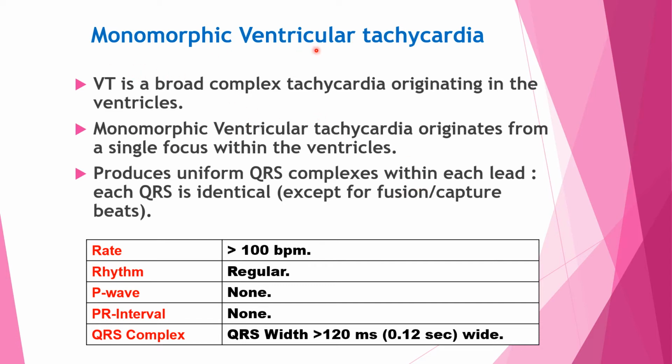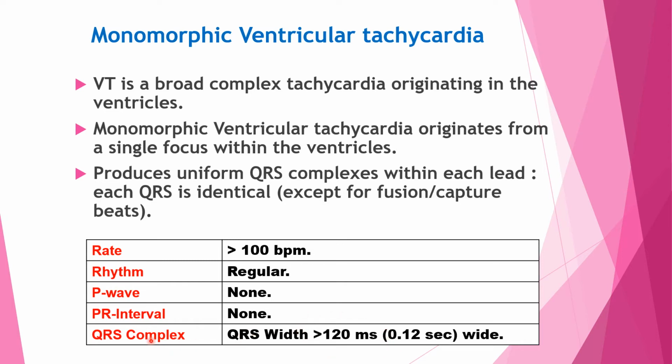In monomorphic ventricular tachycardia, the rate will be more than 100. The rhythm will be regular. No P wave, so no PR interval. The rhythm originates from the ventricles. The QRS complex is wide, more than 120 milliseconds, that means more than 3 small squares.